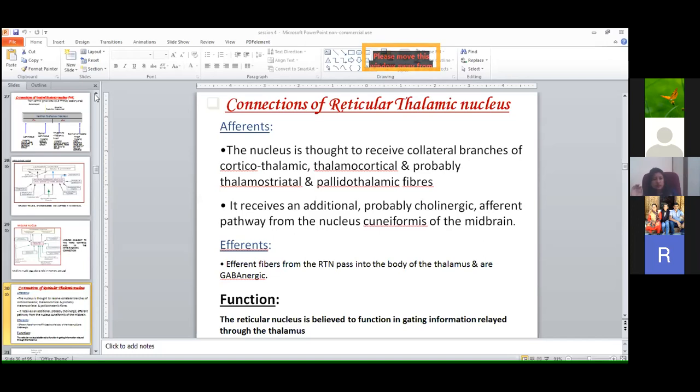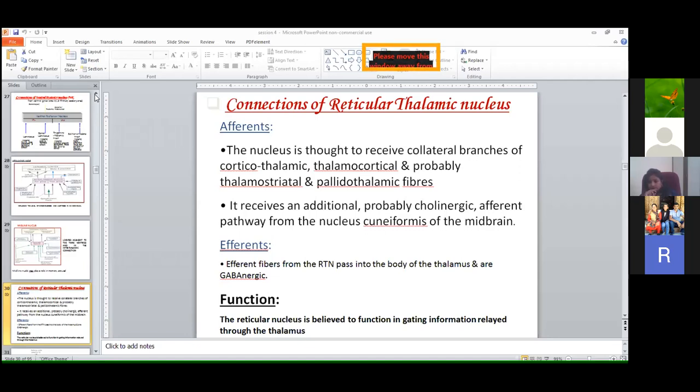Whatever the motor and sensory information, they relay in the thalamus, then go either to the cerebral cortex or to the brainstem and spinal cord. So is the thalamus deciding what has to be given? It indicates either sensory or motor function. Okay, ma'am.